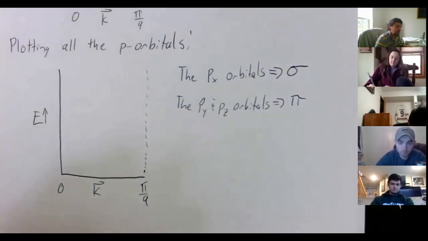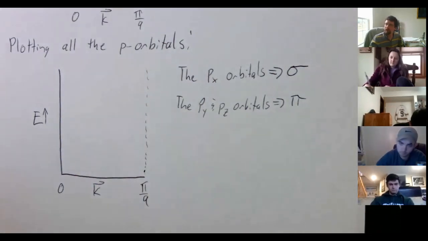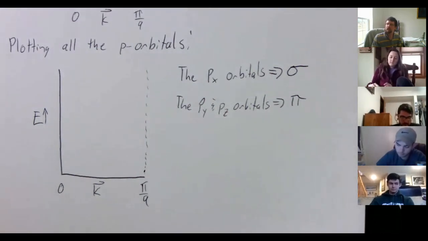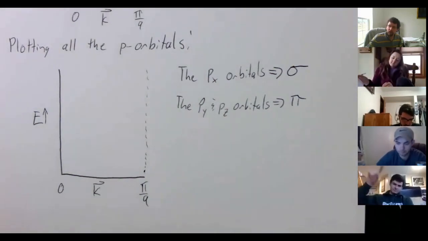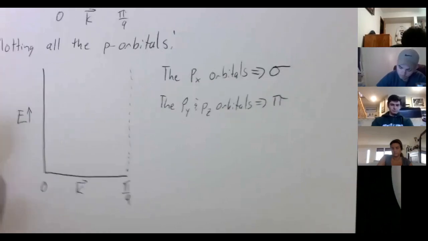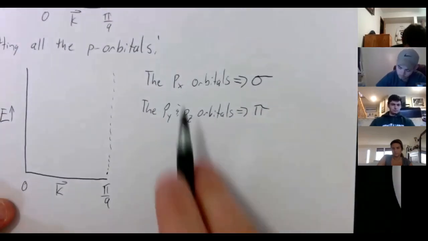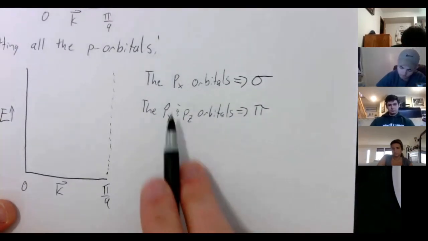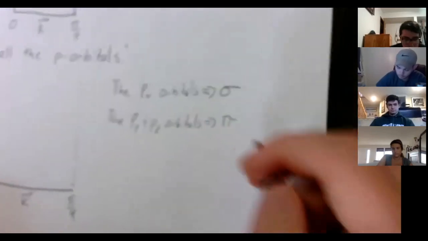Okay. What does that mean about the dispersion? And what do we mean by band dispersion again? The height of the band. Yeah, how much does it move up, how much does it go down? So which one's going to have a greater amount of dispersion, the p_y and p_z orbitals or the p_x orbitals?